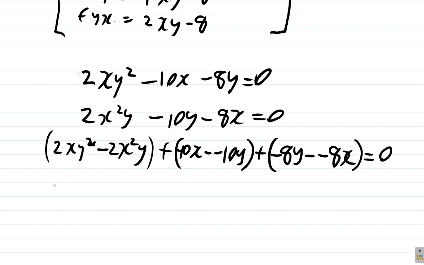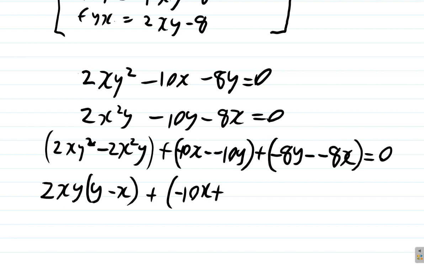Let's factor out the 2xy here. Inside the bracket, we would have y minus x. Plus, let's open the brackets and simplify what we have here. I have negative 10x plus 10y minus 8y plus 8x equals 0.